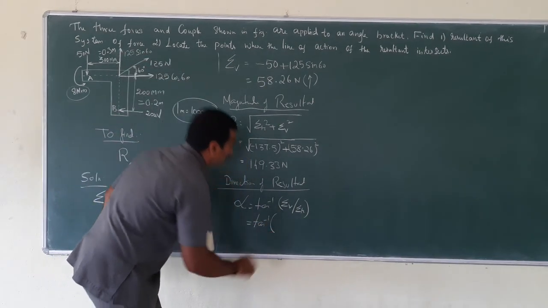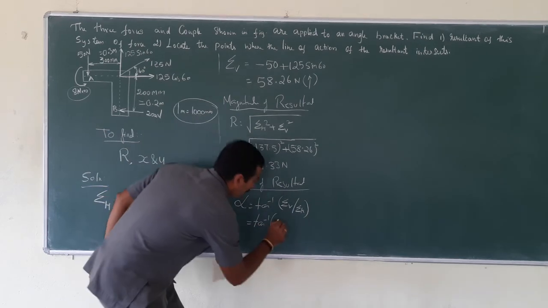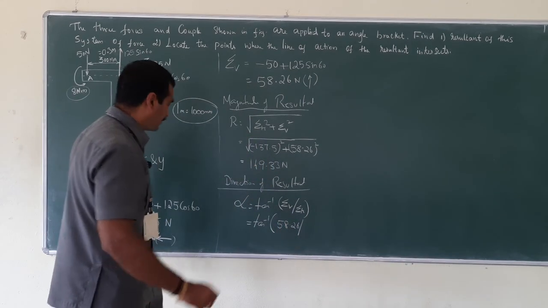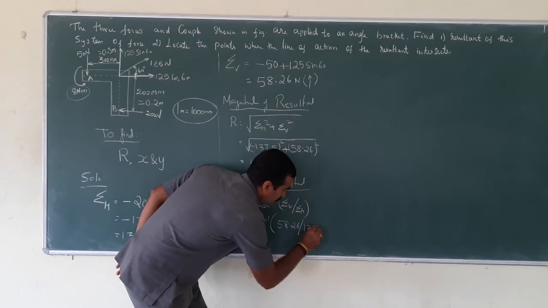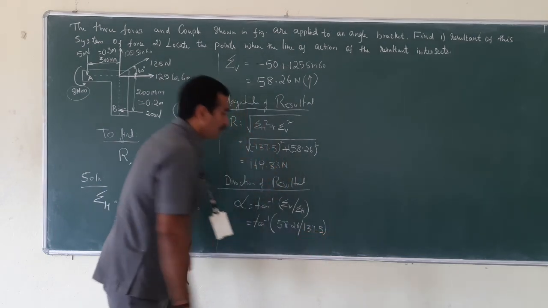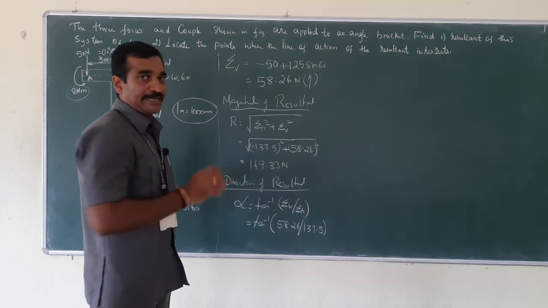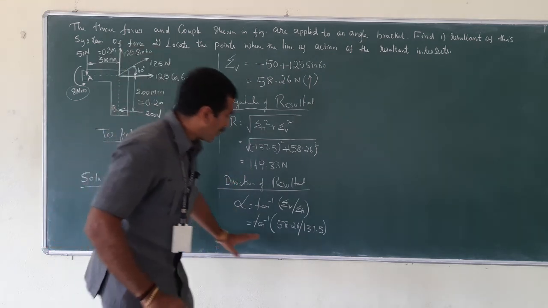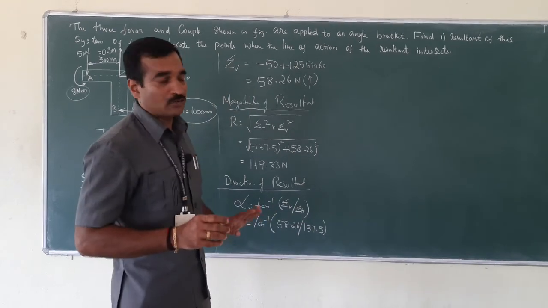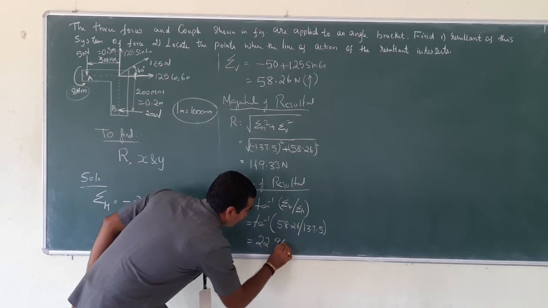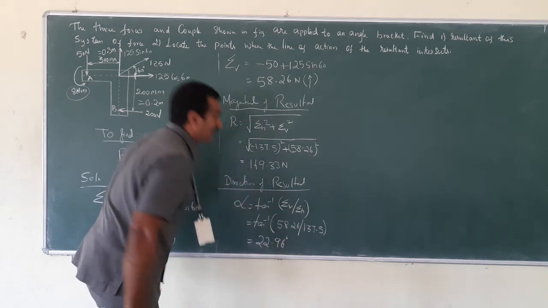Tan inverse of summation V, which is 58.26, divided by summation H, which is 137.5. Here you will have to feed the positive value alone. You should not feed the negative value here. If you feed all these values in your calculator, you will get the alpha value as 22.96 degrees.